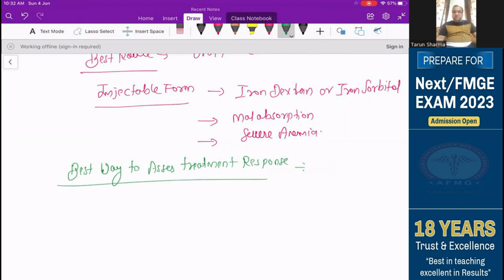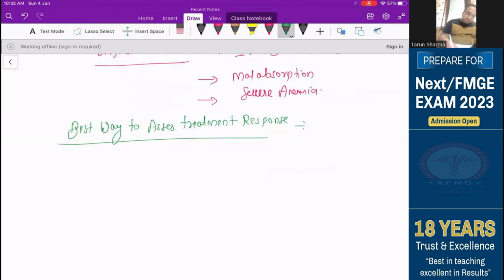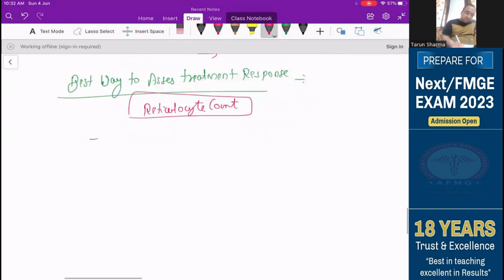It is not the signs, symptoms, or any other parameters. Remember, it's very simple: assess the treatment response by assessing the reticulocyte count. What is the answer? The reticulocyte count.